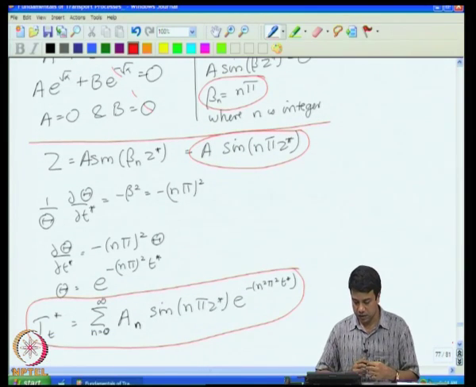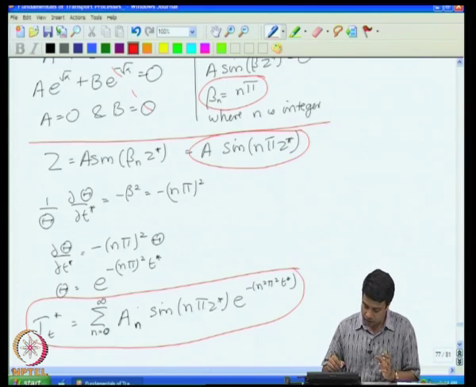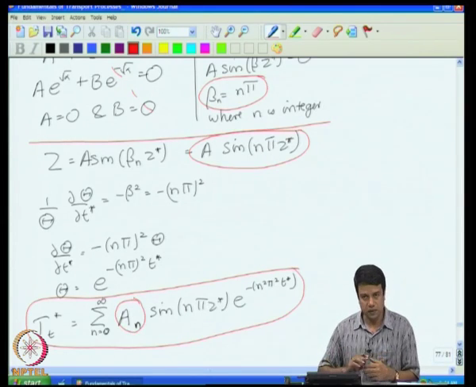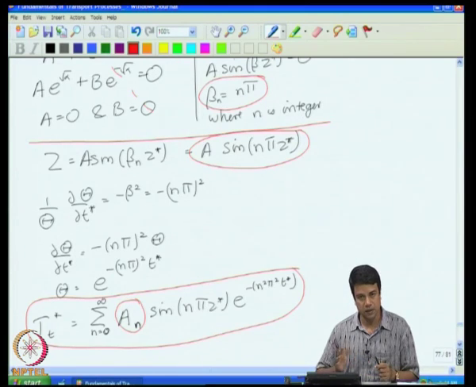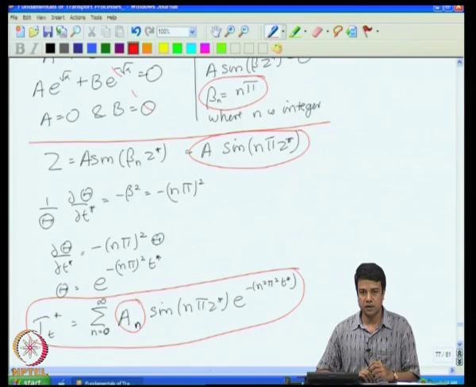And because the system is orthogonal, I can solve the equation using the orthogonality condition to find out each of these coefficients uniquely. And once I have each of these coefficients uniquely, then I know the entire solution. This solution is an infinite series. So, if you wanted to determine the solution exactly, you would have to determine an infinite number of terms.